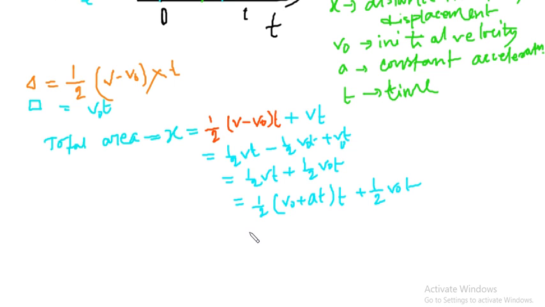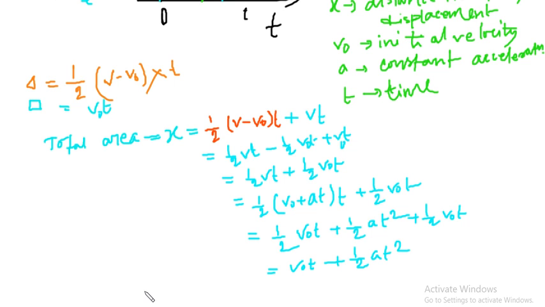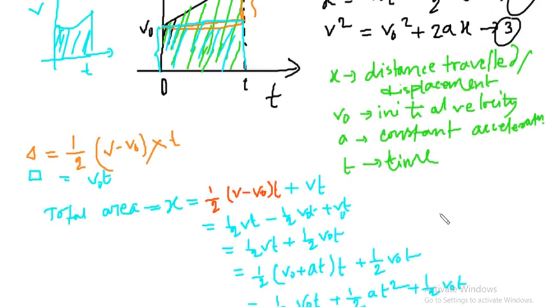So it is equal to half v0t plus half a t square plus half v0t. So half v0t plus half v0t means v0t plus half a t square. So x is this. So we have got the second equation.